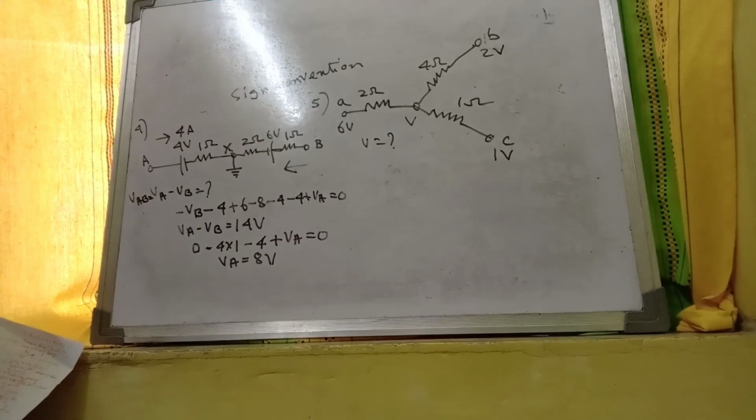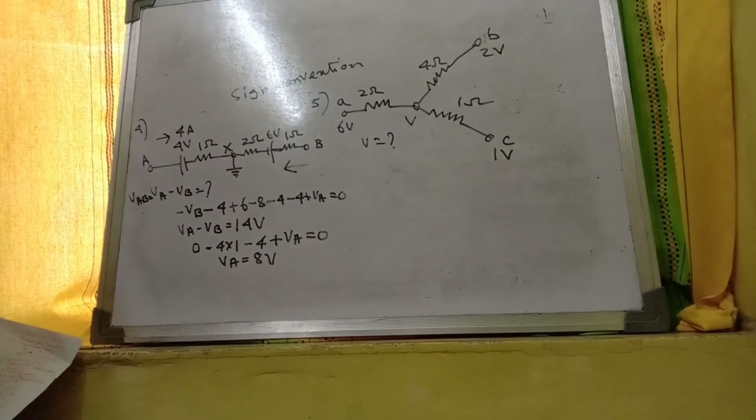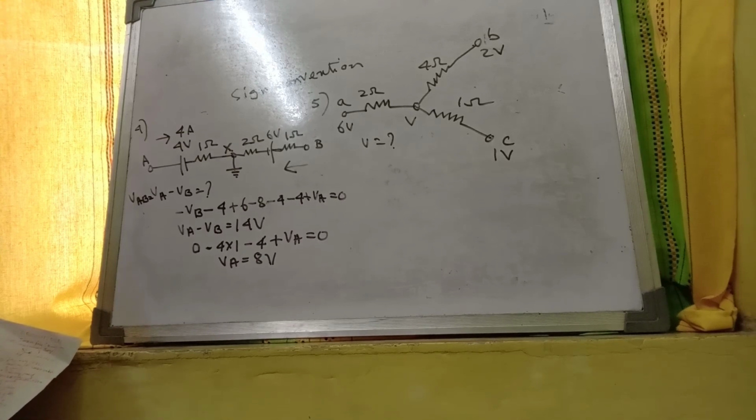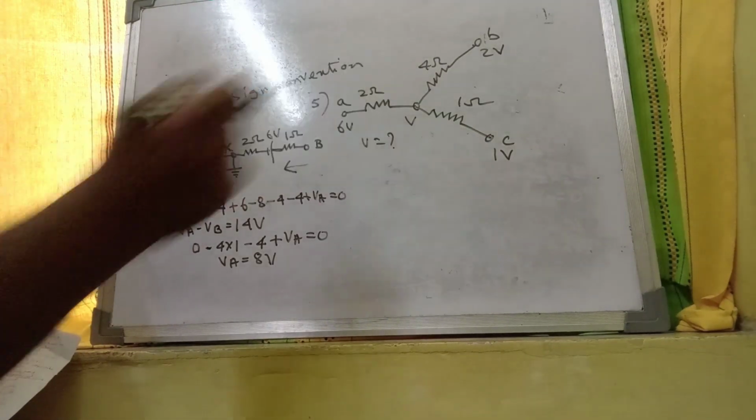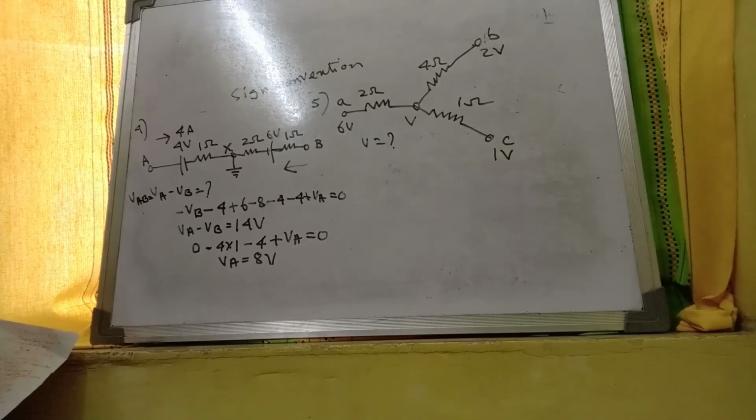Now let us assume that the current in each branch flows towards the junction. That is at this point where V has to be calculated. So potential of A, B and C is more than the junction potential, that is V, because potential drop will occur as it passes the resistance.